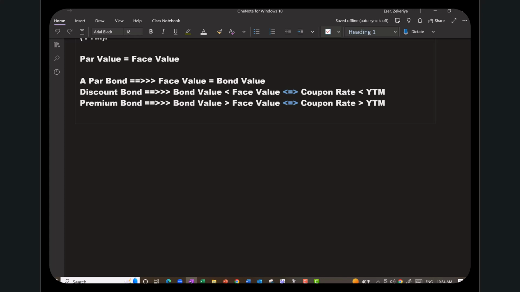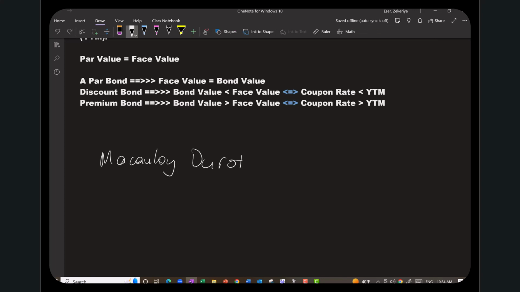All right. Now, first we're going to define something called Macaulay duration. If a bond is 0 coupon, you know exactly how long it's going to take you to get your money back, right? If it's a 30-year 0 coupon bond, you're going to wait exactly 30 years.